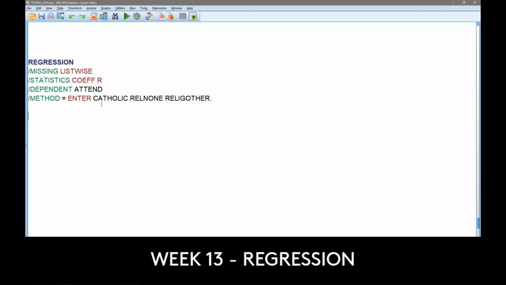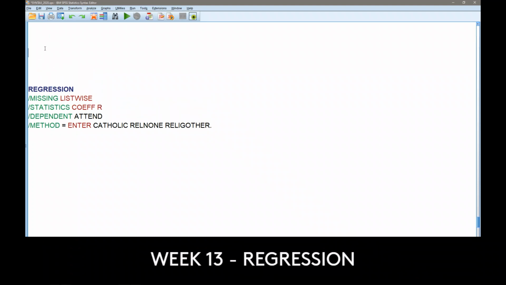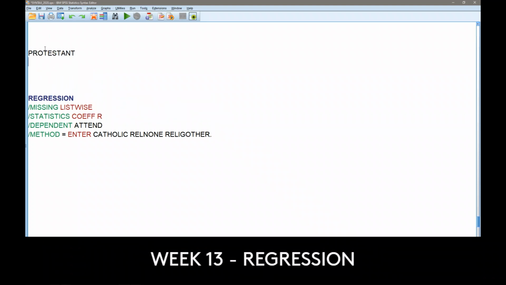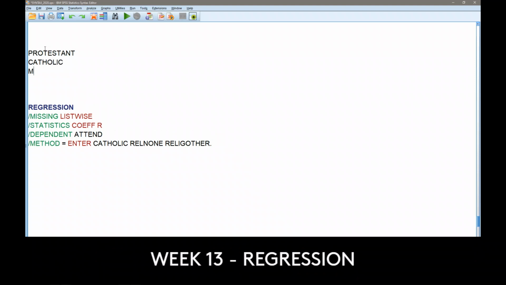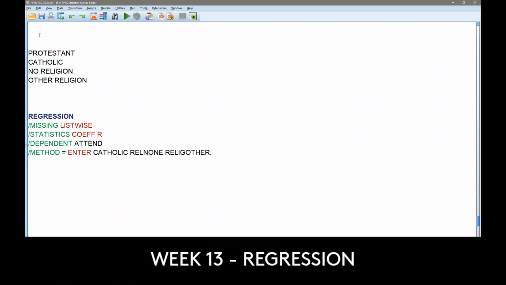So here, the 4 categories that we had created for denomination was Protestant, Catholic, no religion, and then other religion. We created dummies for these 4, okay? Now remember, you always want to leave out the largest category. If we were to run frequencies of these, we would see that Protestant is the largest group. So we are going to leave them out from the regression model, okay?